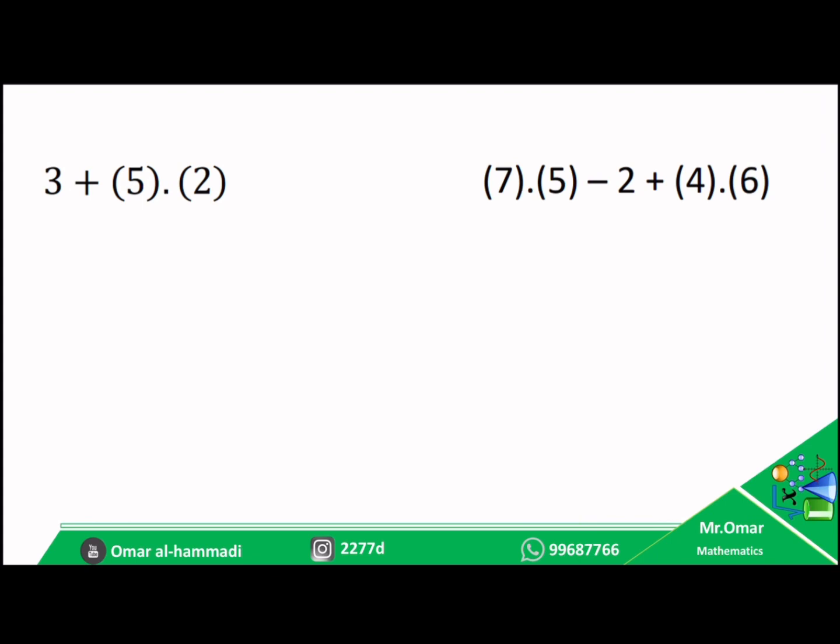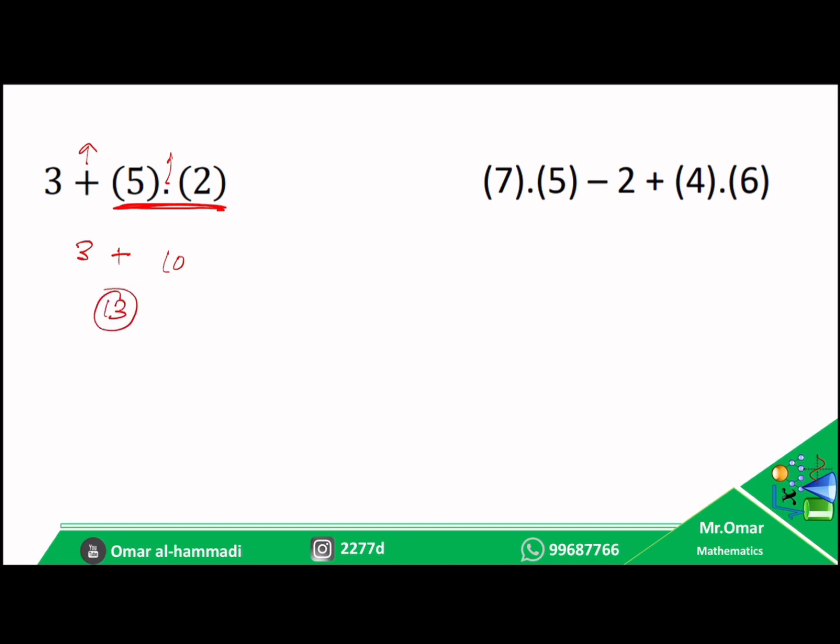Here we have addition and multiplication. So first of all, we start with the multiplication. 5 times 2 will give us 10. And then 3 plus 10 will give us 13.